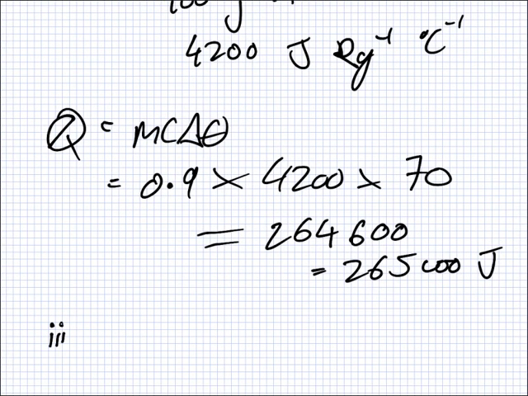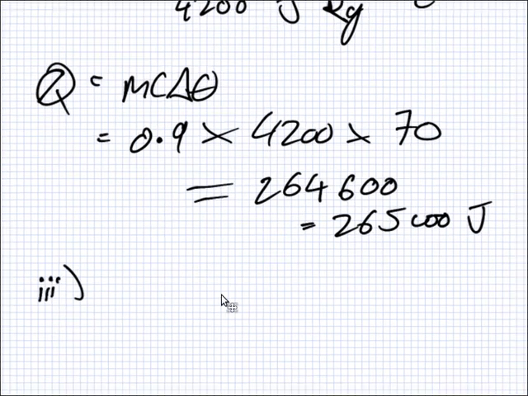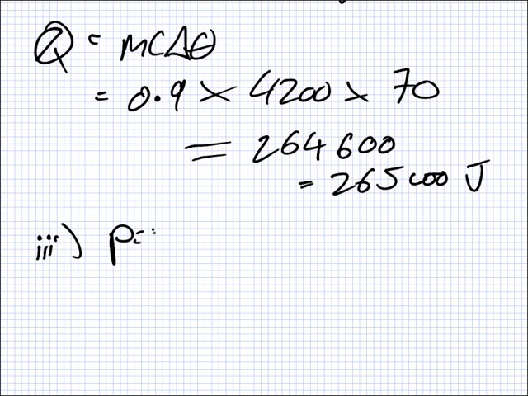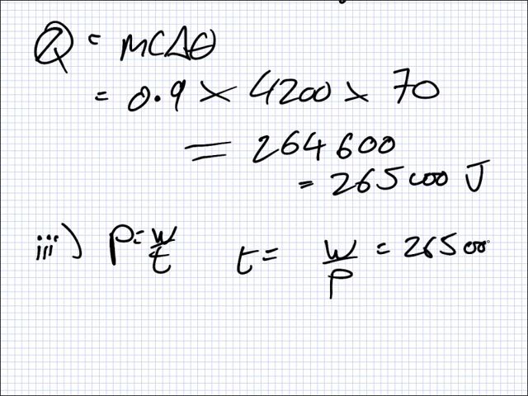If the kettle is 60% efficient, what's the time? So power equals work over time. So time equals work over power, which is 265,000 over, but it's not 1800. It's 1800 times 0.6 because it's 60% efficient.